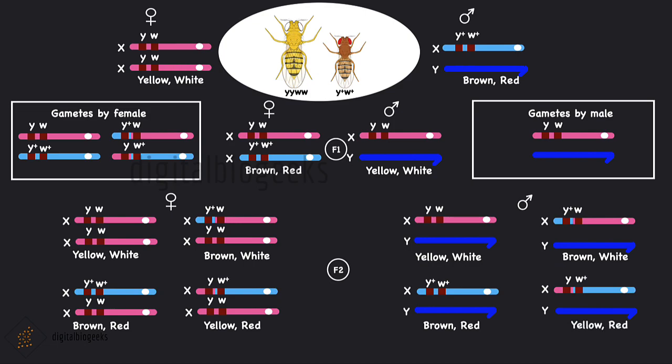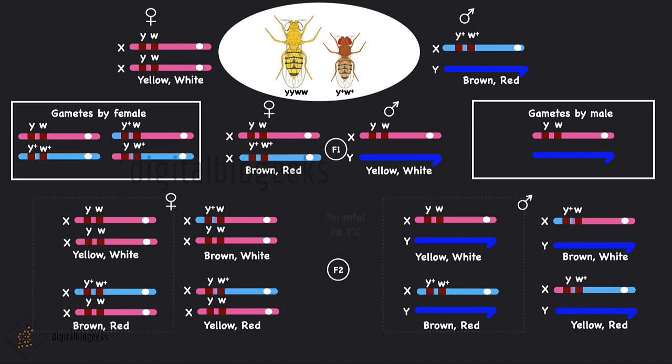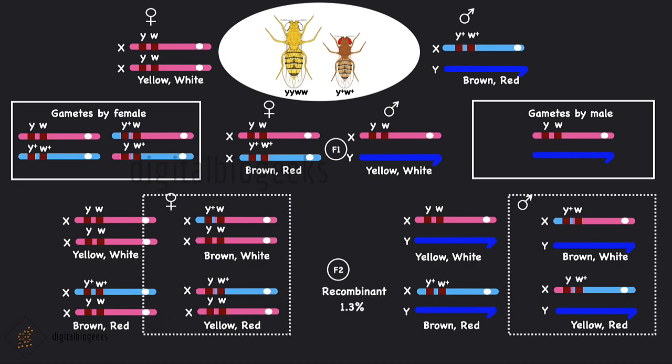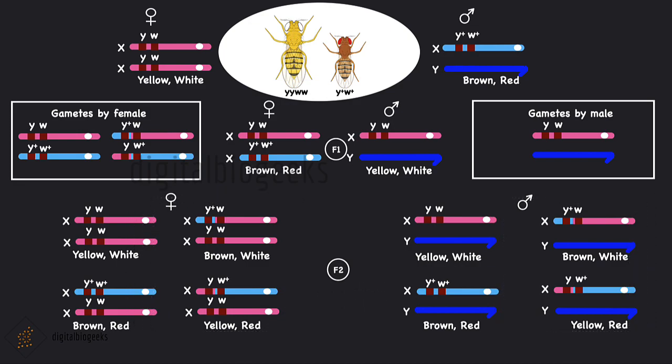But here the parental types were more, with 98.7%, and recombination types were less, with only 1.3%.